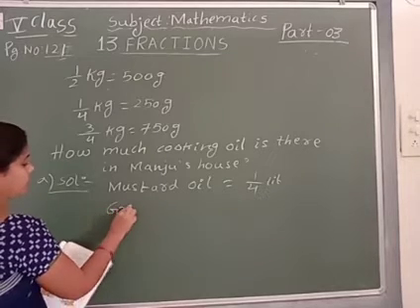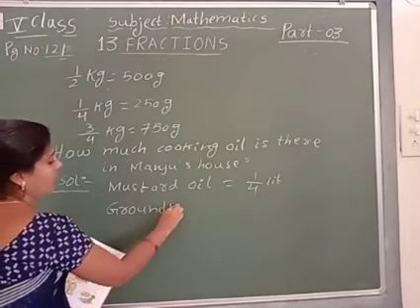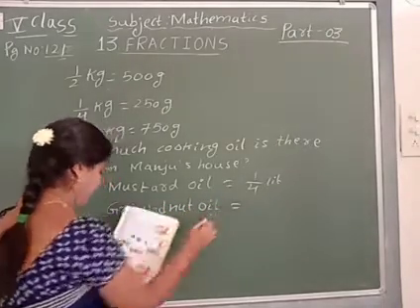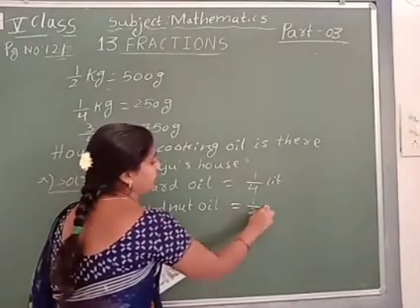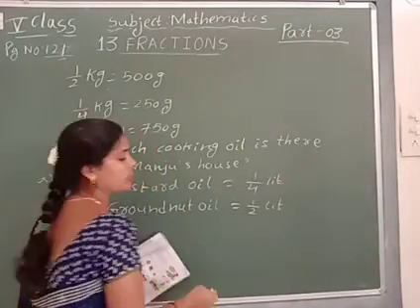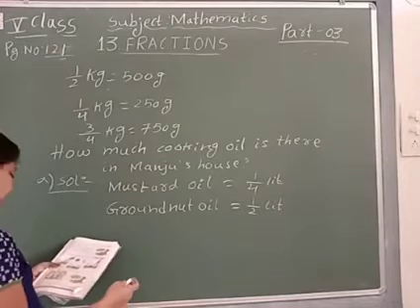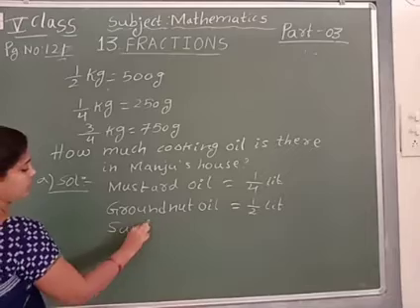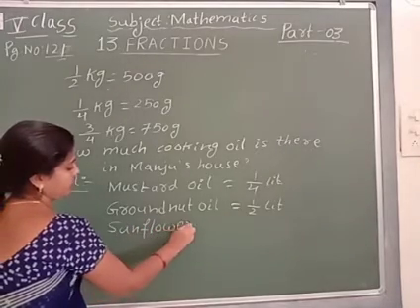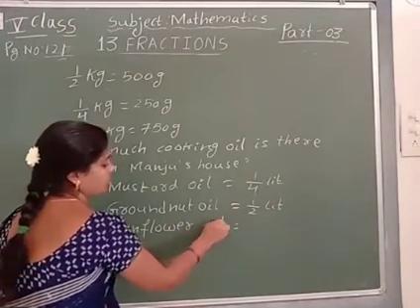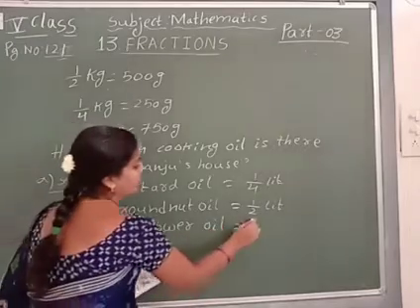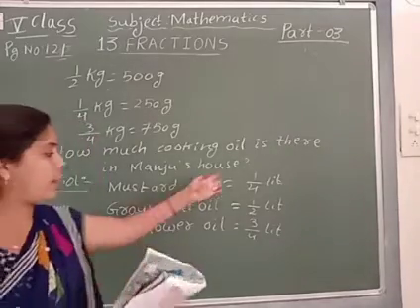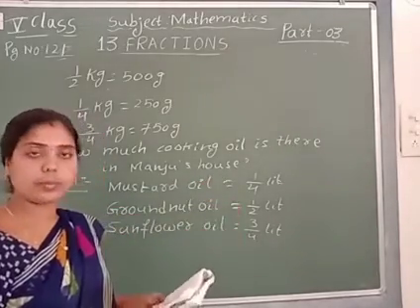Groundnut oil 1 by 2 liter. Next, sunflower oil 3 by 4 liter. See here: 1 by 4, 3 by 4, 1 by 2.